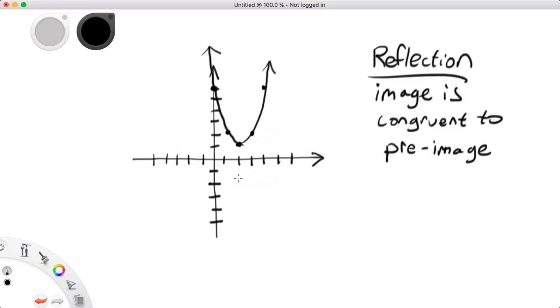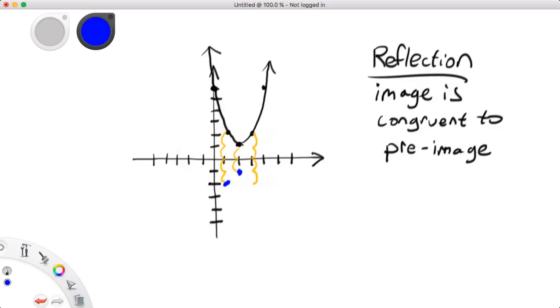So let's say, what is it that reflection is going to look like when you're talking about functions? Okay, so we're going to do sort of the same thing that we did before. Us math teachers, we love to use quadratic equations for this because you got these cute little parabolas that are curved, that look a little bit different from, say, a straight line.